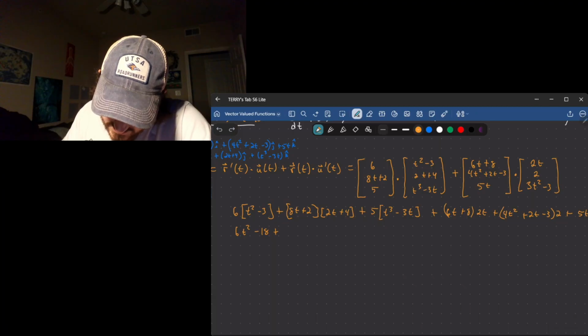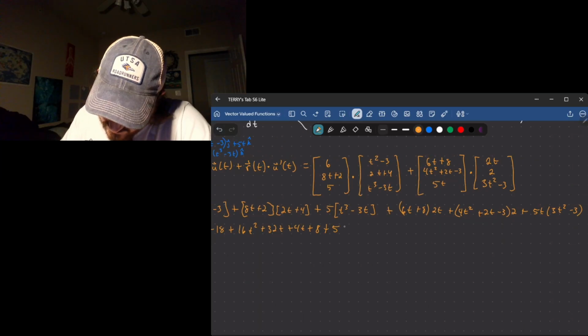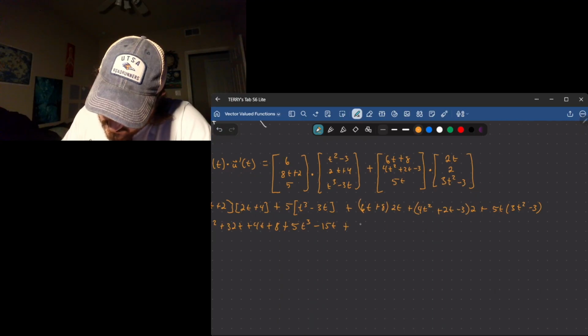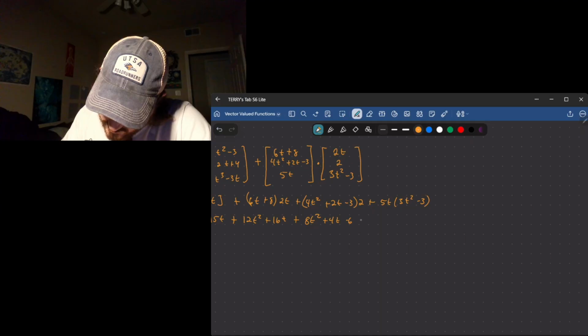So we get 16t squared, and then 8, 16, 24, 32t plus 4t plus 8 plus 5t cubed minus 15t plus 12t squared plus 16t plus 8t squared plus 4t minus 6, and then plus 15t cubed minus 15t.